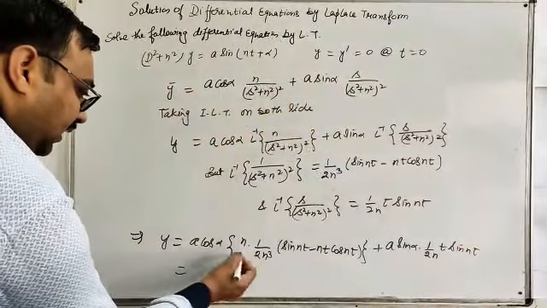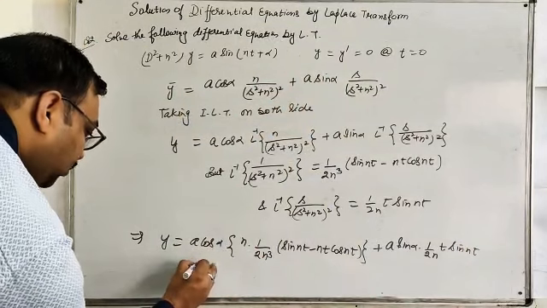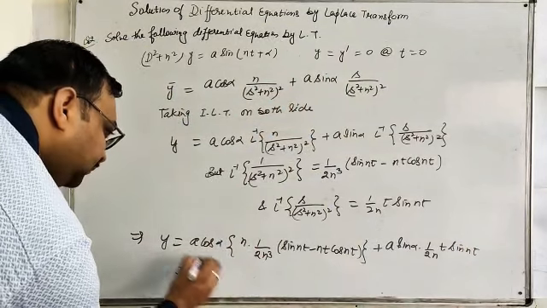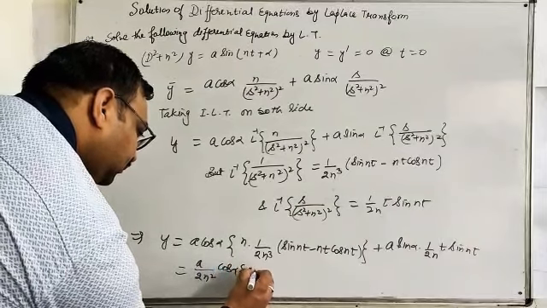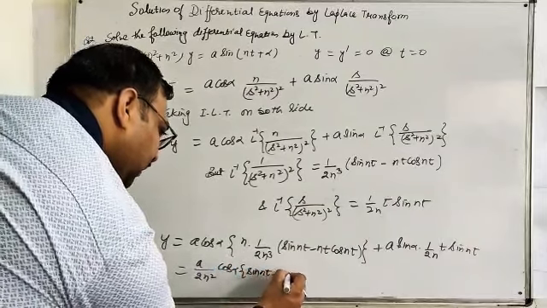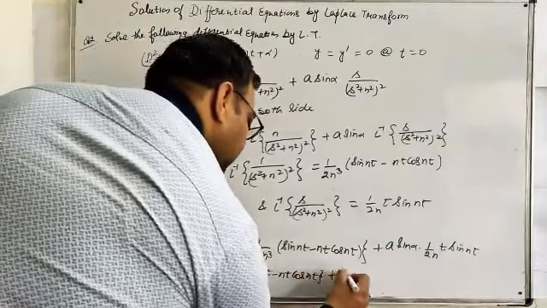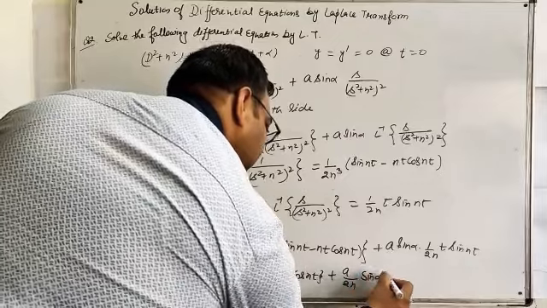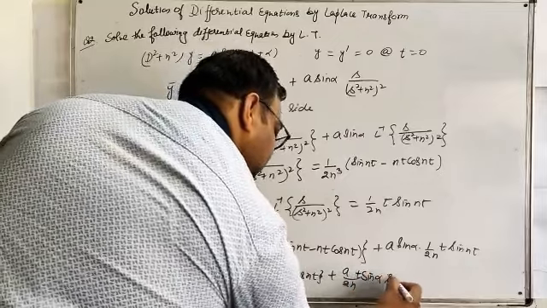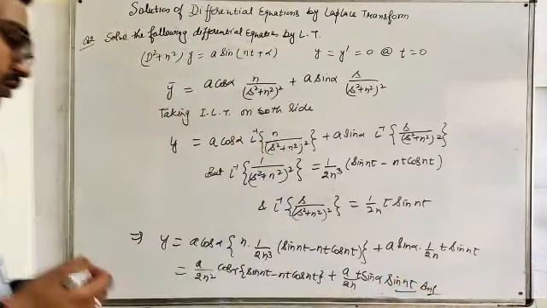Or we can write it as a upon 2n square cos alpha (sin nt minus nt cos nt) plus a upon 2n sin alpha t sin nt, and this is the required solution of this kind of problem.